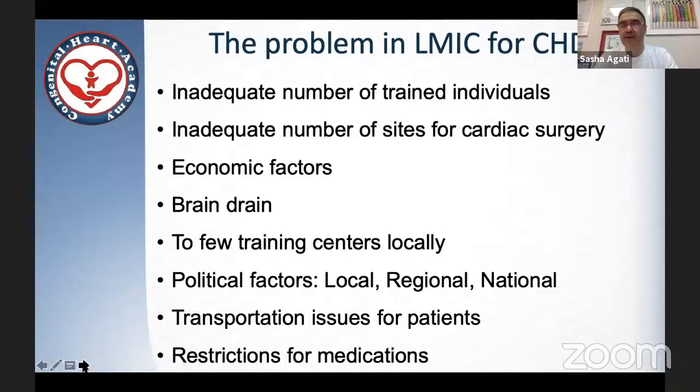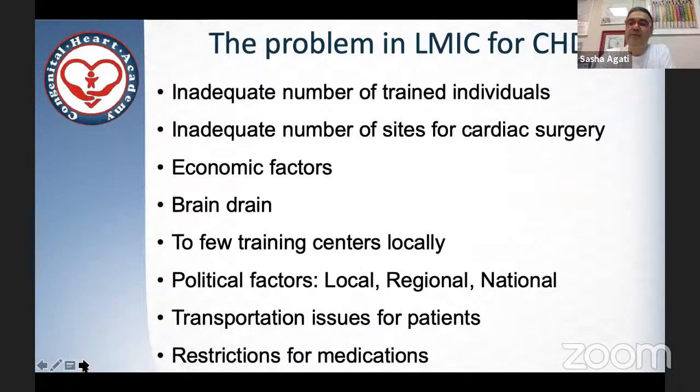So I'm very happy to start this series with the Congenital Heart Academy with Casey, because I think there are a lot of things that are not really clear and not easy to manage in the strategy to support this country, because of course economic factors and the lack of a local training center, everything is on the table, but at the same time, it is not easy to access and to help in the way the people need.